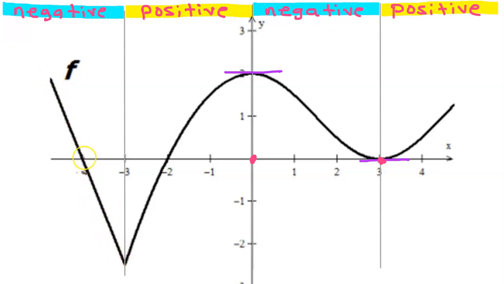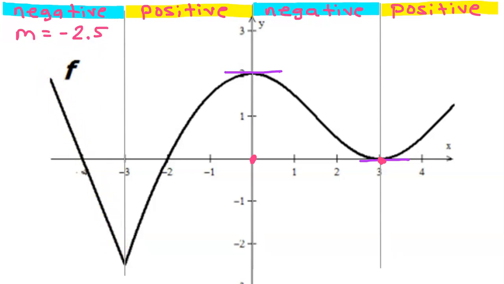So it seems to be dropping down. It's a little bit more than down 2 over 1. So it's approximately down 2.5 over 1. In other words, the slope in this interval is approximately negative 2.5. That's a constant slope of negative 2.5.